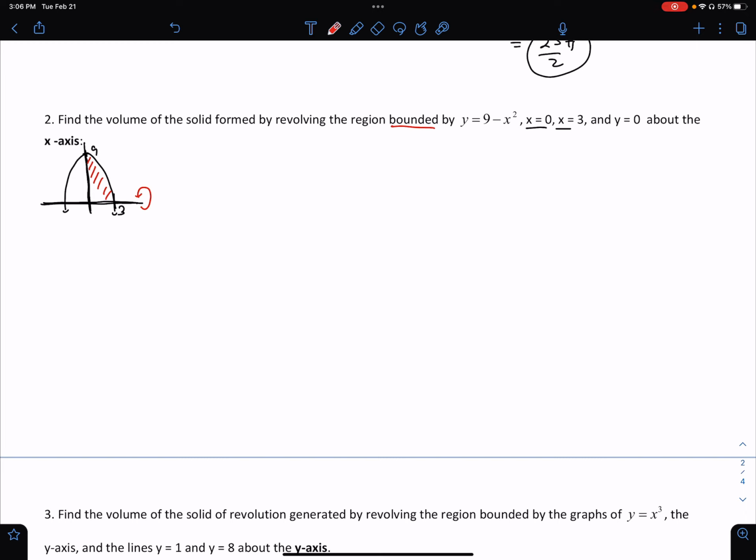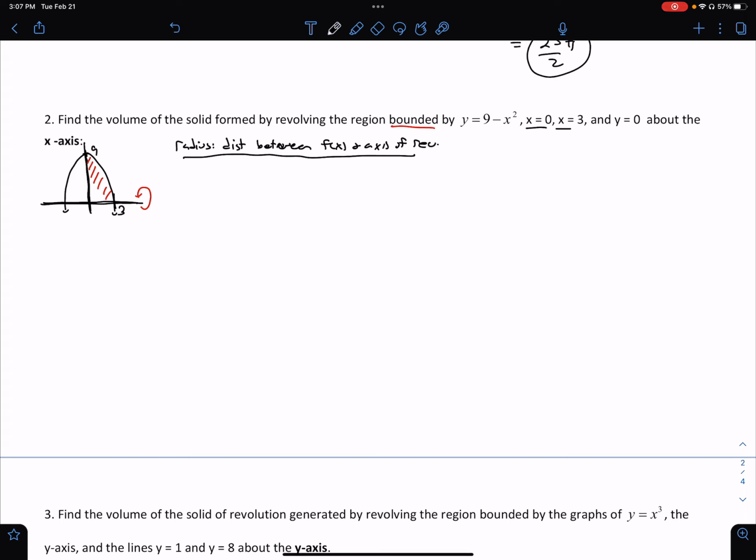So I'm going to draw my rectangle of mathematics. To draw my rectangle, remember we talked about this in the previous video. To get the radius, we are going to find the distance between the function and the axis of revolution.